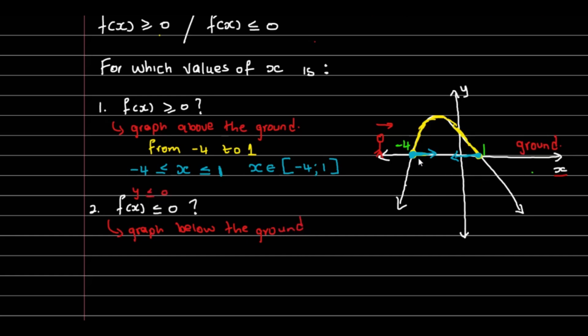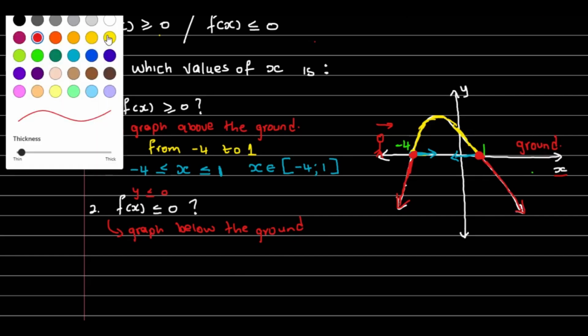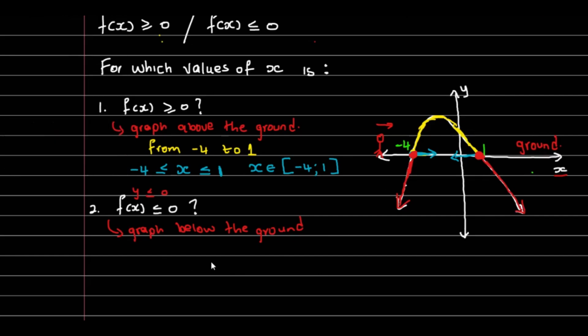It's negative from this point all the way going down. It's below the ground from this point all the way going down. So to answer this one, we're going to say it's below from this point going in that direction, and that point going in that direction.